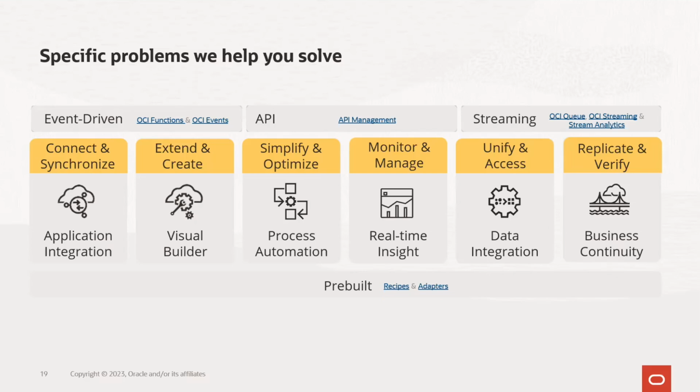So OIC is a native OCI service and works together with other OCI services such as OCI Logging Analytics, but also OCI AI services. So within application integration, we have examples of intelligent document routing, using our Document Understanding component in our AI service portfolio. So you're not getting just a component set here, but this toolkit is also part of the larger OCI services family.